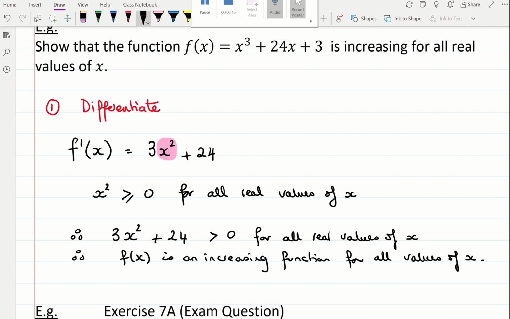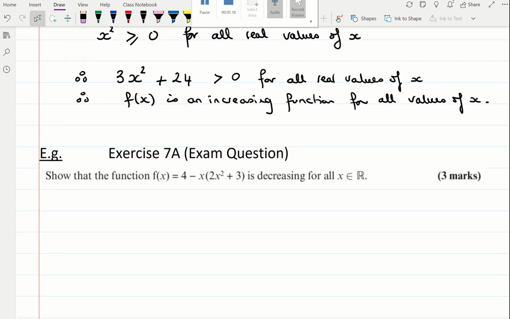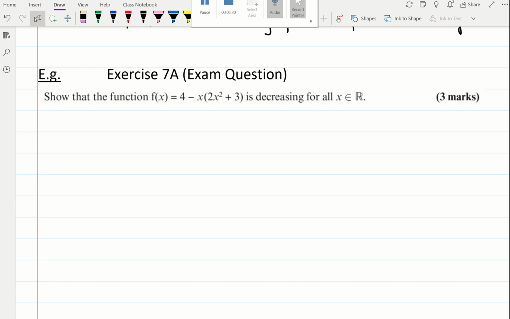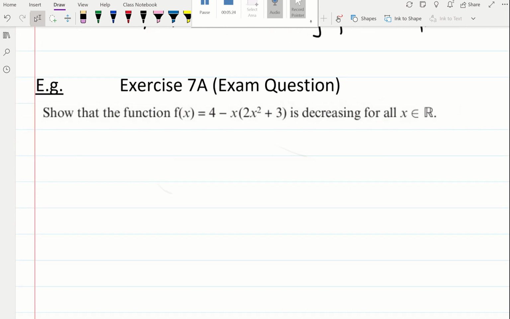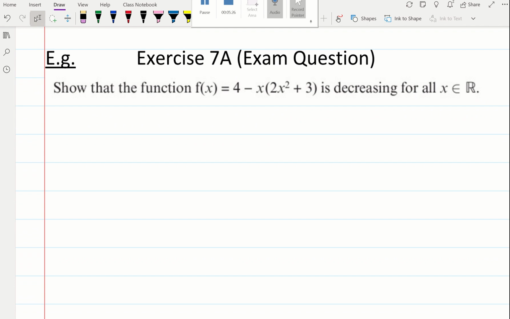Now I wanted to show you an example where you were showing that it was a decreasing function. So I got this from exercise 7a. So it says, show that the function 4 minus x brackets 2x squared plus 3 is decreasing for all values of x, real values, real numbers. Okay, so my step 1 is to differentiate. Well, actually, my step 1 is to multiply the bracket.